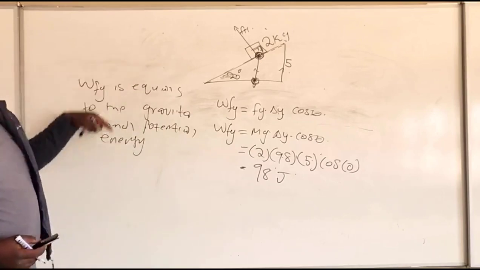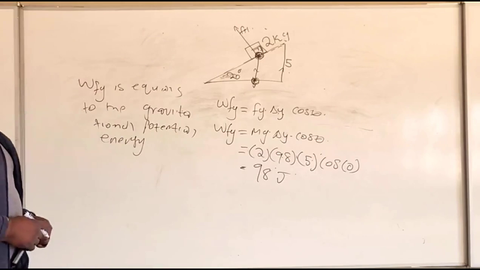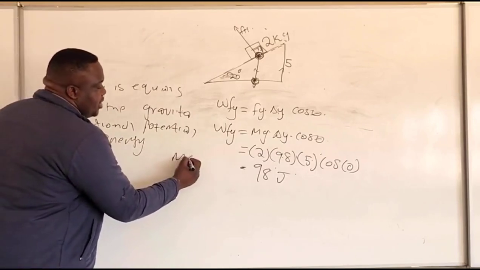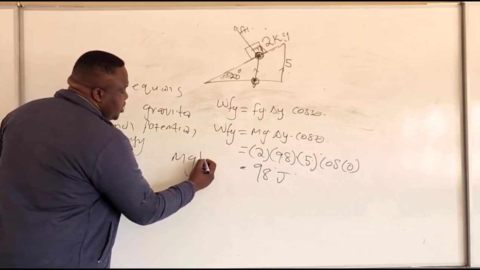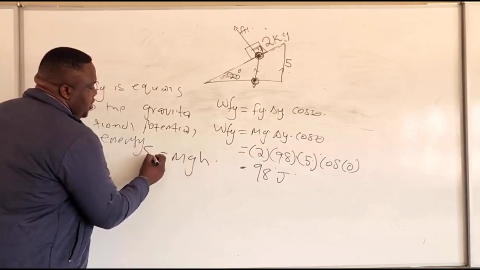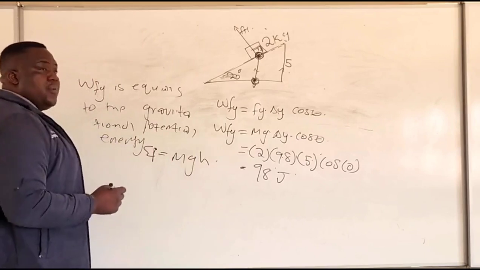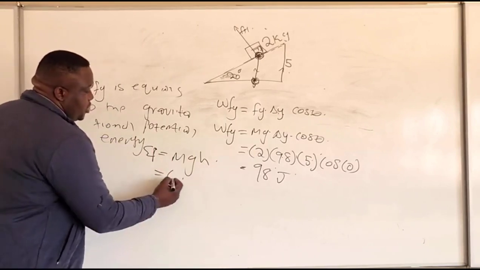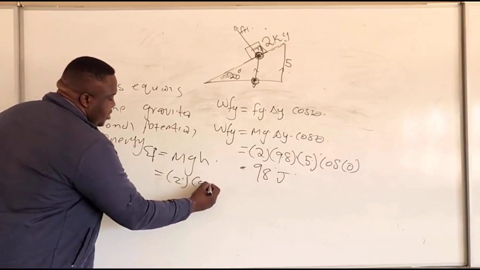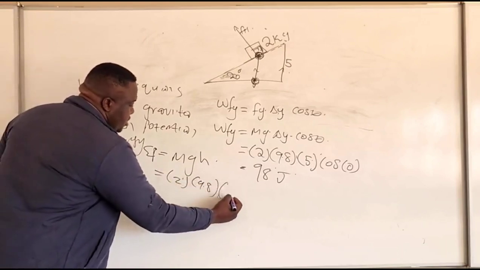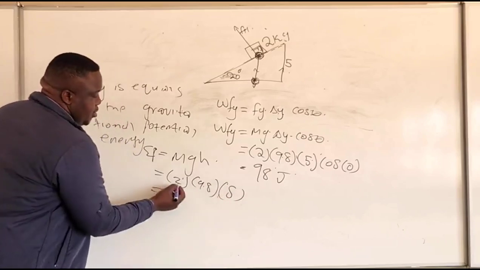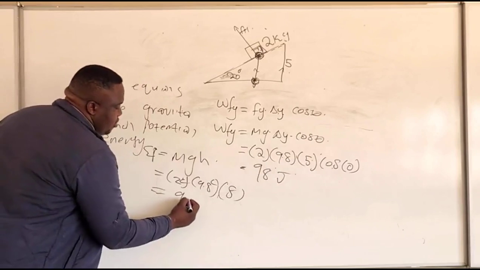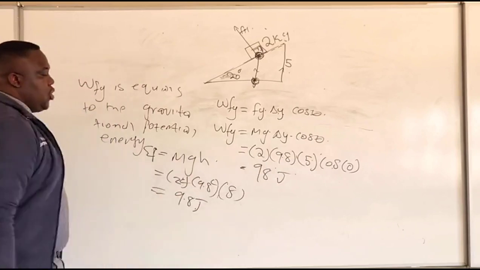Although I don't love exploring this, it exists. It is also correct, meaning that you can calculate the gravitational potential energy, EP, which you can say is mass, which is 2, times 9,8 multiplied by height, that is the height, 5. And you can see that even the answer here will be 98 joules.